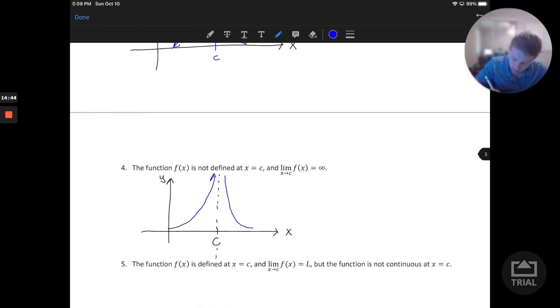So something to this nature, where we have our function increasing without bound on the left and the right side of this input c. This would show that we have a limit going towards infinity, but we actually aren't going to be defined at the value x equals c.